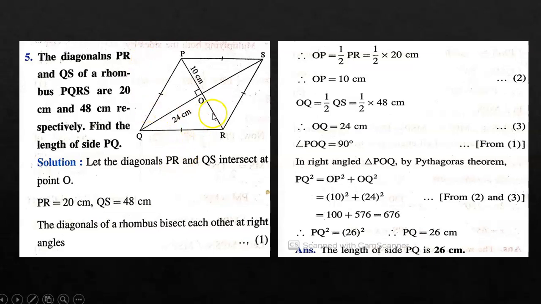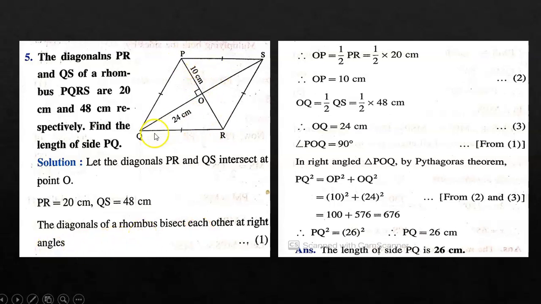Now let the diagonals PR and QS intersect at point O. PR is given to me as 20 centimeters and QS is given to me as 48 centimeters. We know that the diagonals of a rhombus bisect each other at right angles.